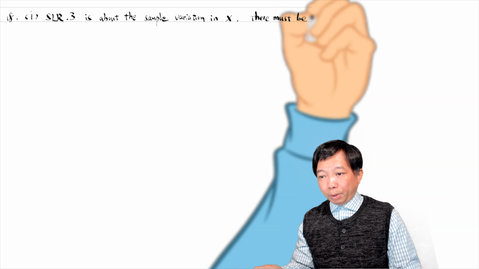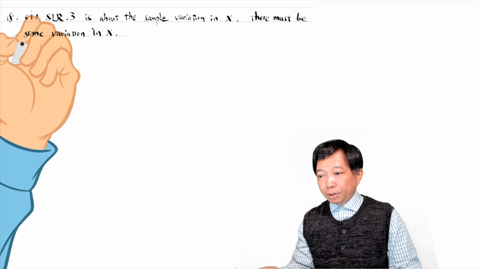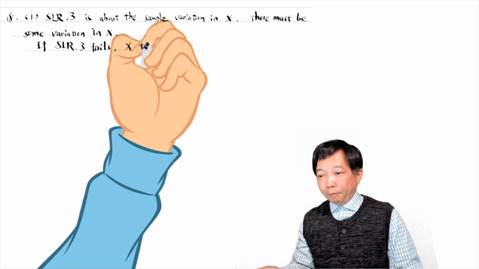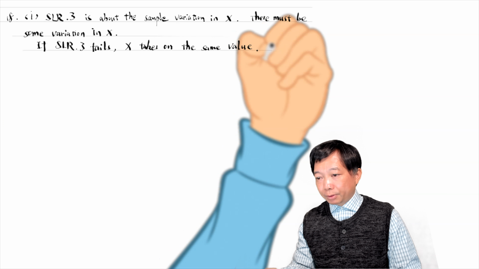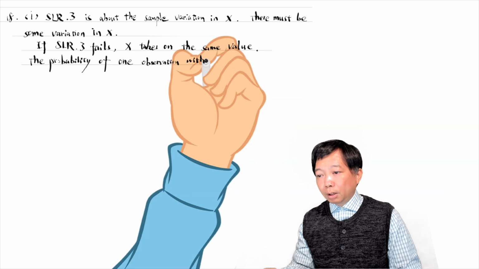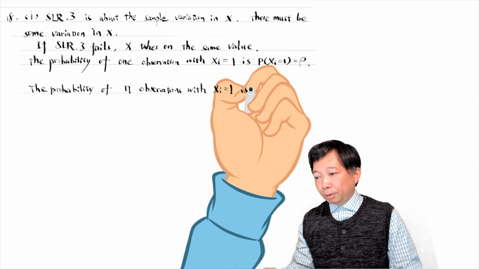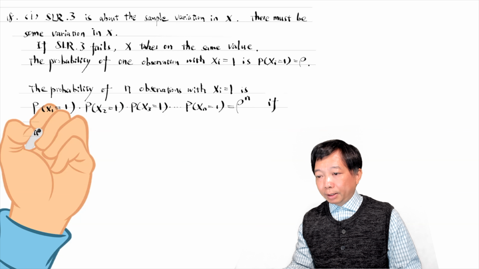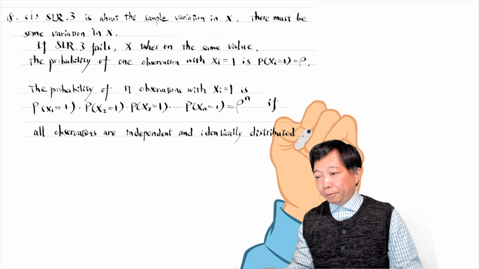The simple linear regression assumption number 3 is about the sample variation in x. There must be some variation in x to obtain the OLS estimates. The failure of this assumption means all x takes on the same value. The probability of one observation with xi equal to 1 is ρ. The probability of n observations with xi equal to 1 is ρ to the power n, if all observations are independent and identically distributed.